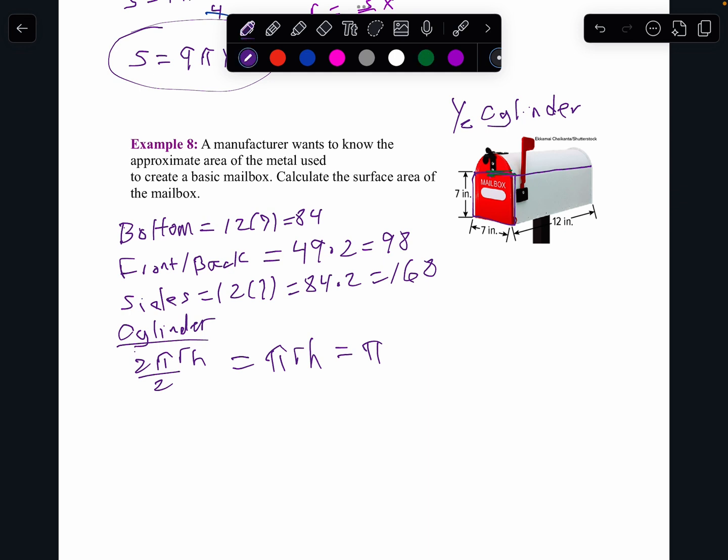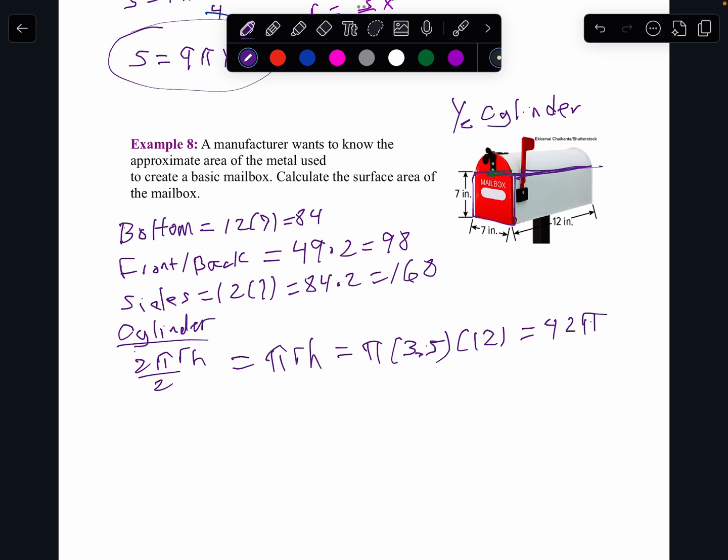So it'll be 3.5 times my height, which is also 3.5. No, it's not. It's 12. Sorry about that. The height right there is 12. And so if I take 12 times 3.5, we get 42 pi.